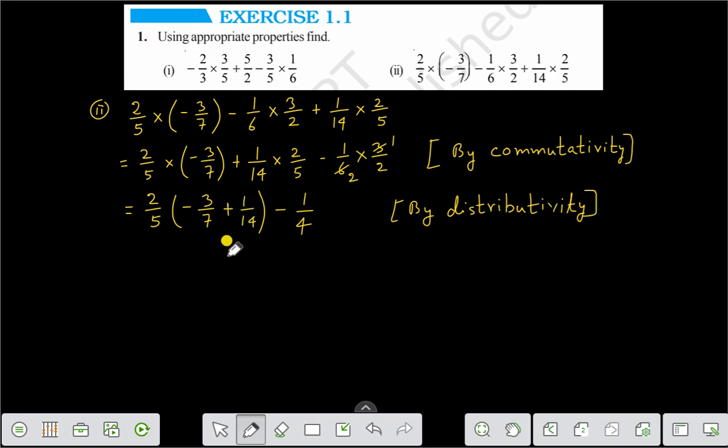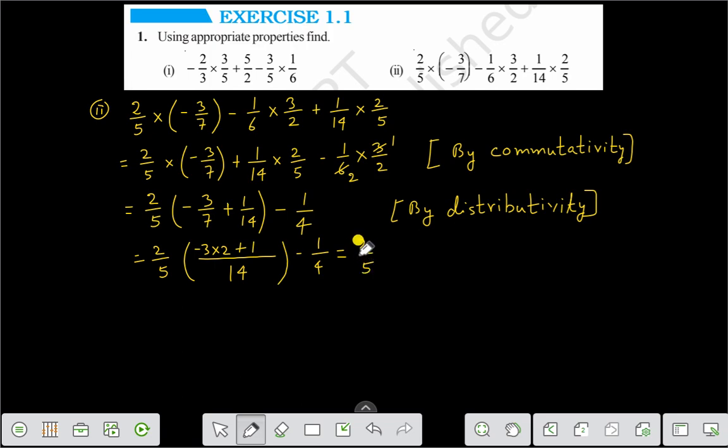Now if we add this one, it will be 2 by 5 into, what is the LCM? LCM is 14. If we divide 14 by 7, that is 2, so minus 3 into 2 plus 1, minus 1 by 4.